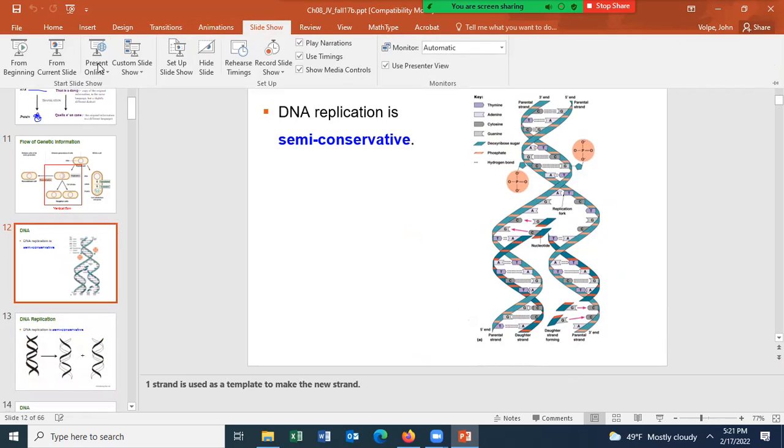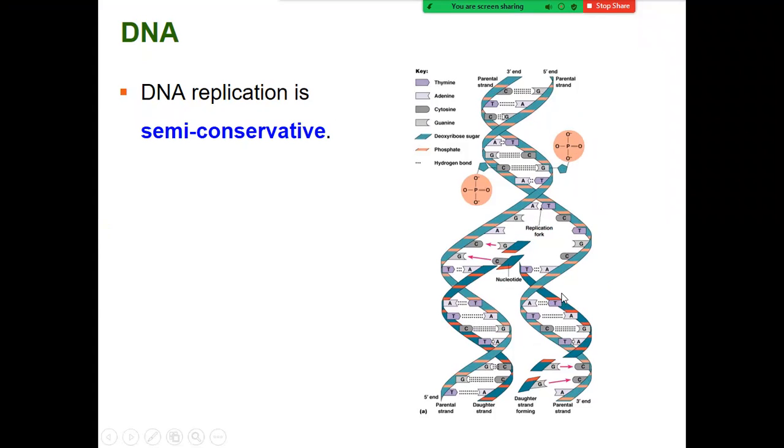Let me blow this up. How the DNA replicates is a DNA polymerase comes onto the DNA and will make the DNA single-stranded, so the 2 strands separate. We'll talk a little bit about that in a minute.